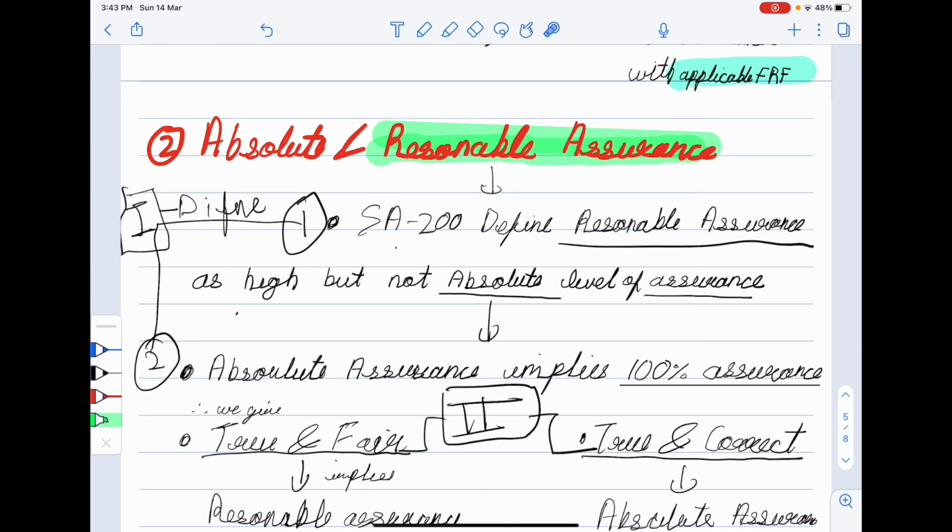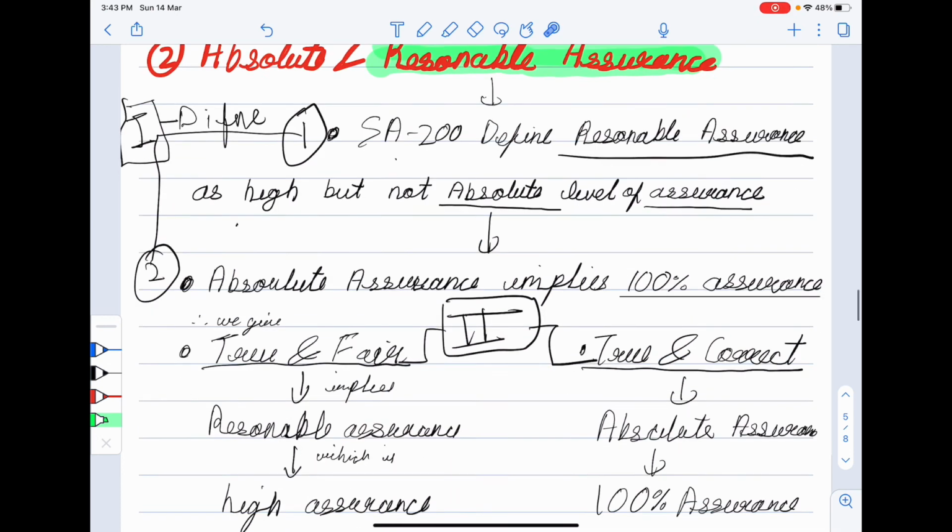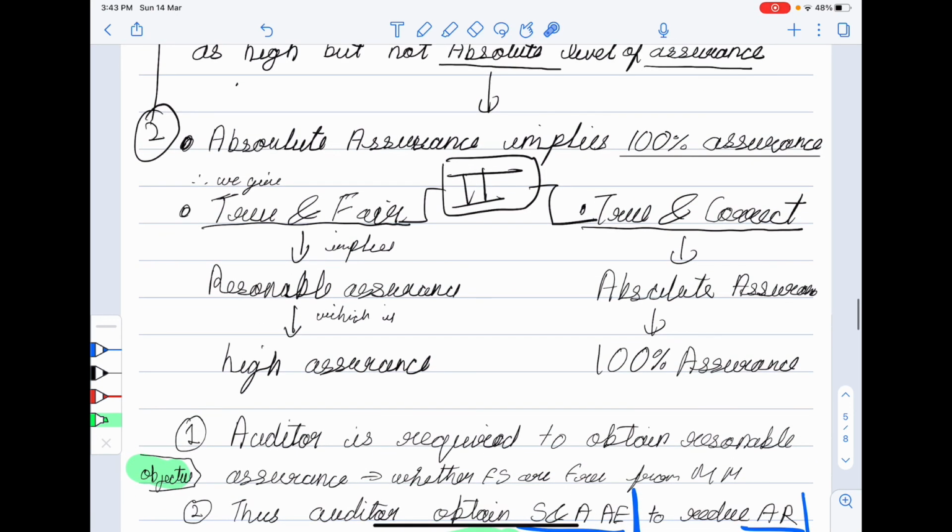SA 200 defines reasonable assurance. Reasonable assurance is high assurance but not absolute assurance, and absolute assurance implies 100% assurance. So we give a true and fair view. True and fair implies reasonable assurance, which is a high level of assurance, and true and correct implies absolute assurance, that is 100% assurance.